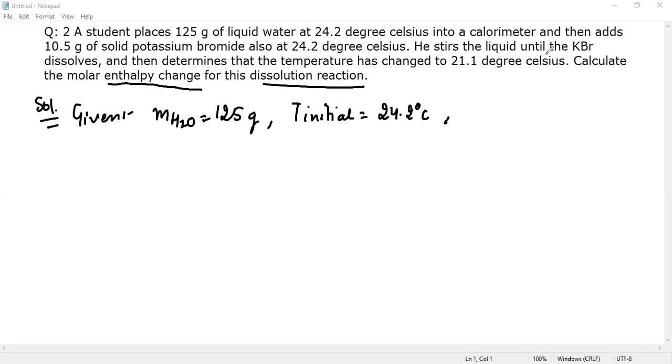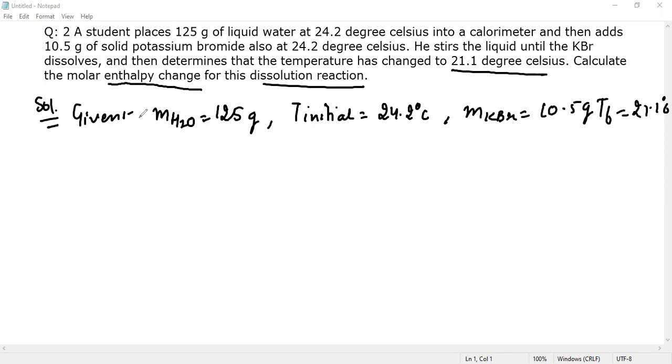Then he adds 10.5 grams of KBr, so the mass of KBr is 10.5 grams. He dissolves that and gives it a stir. What happens? The final temperature, T F, changes to 21.1 degrees Celsius.